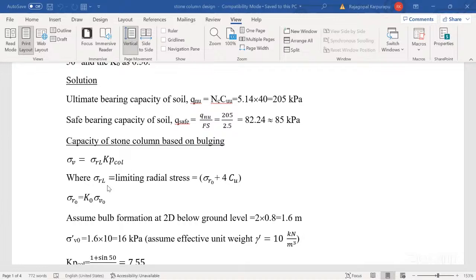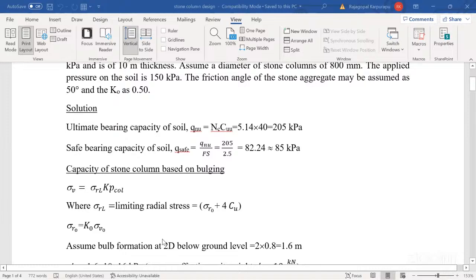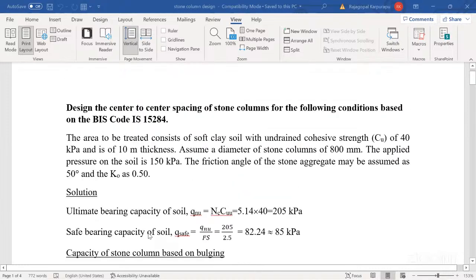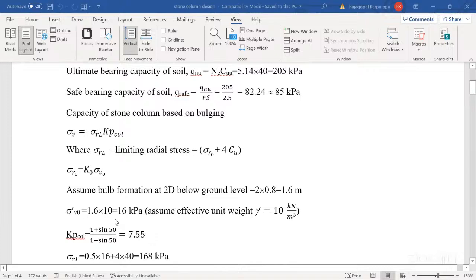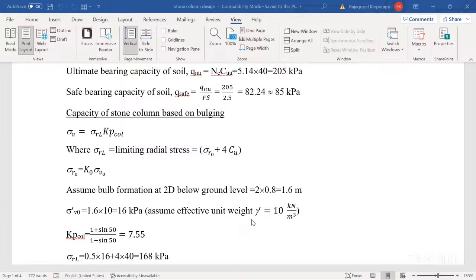And the limiting pressure sigma RL is sigma R naught plus 4 Cu. Okay? And sigma R naught is K naught times sigma V naught. Okay? And 2D is 1.6 meters below the ground level. And our sigma V prime is 1.6 times, okay, and I have assumed effective unit weight of the soil gamma prime as 10.